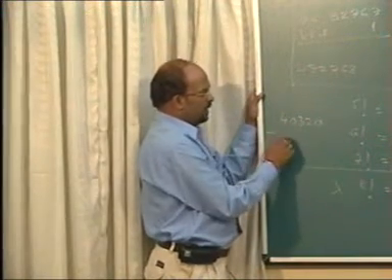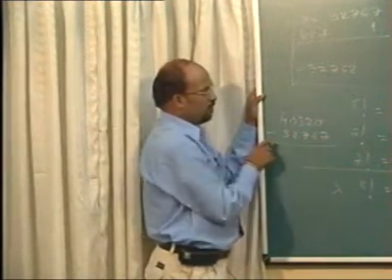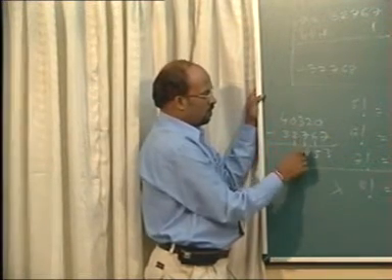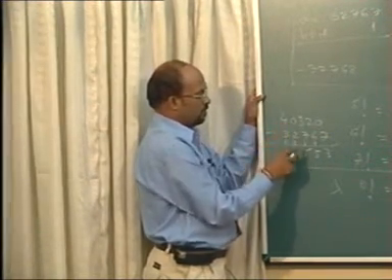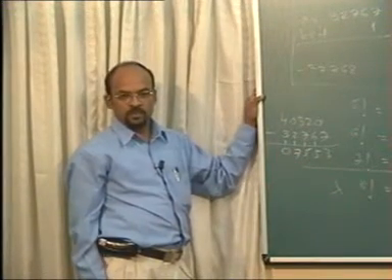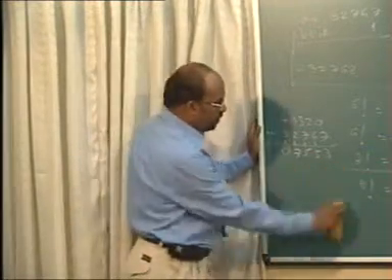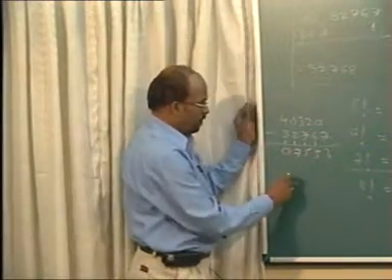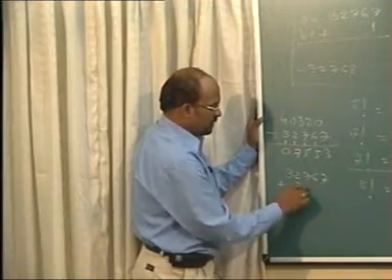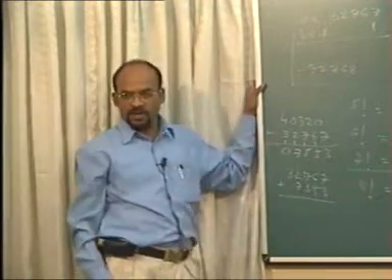40320 minus 32767. You are adding so much value to 32767, plus 7553 to get 40320.